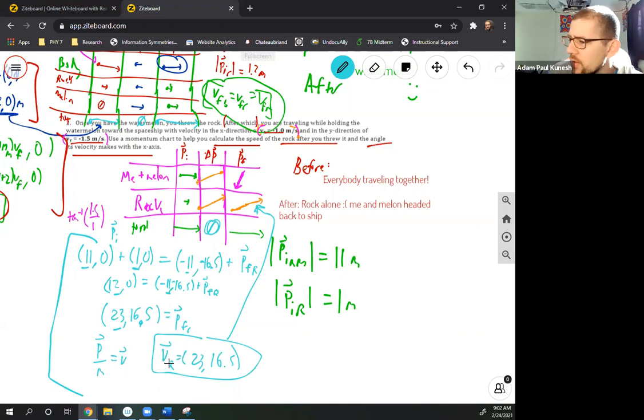Or this is the component form. So to find the magnitude and direction, I get the magnitude by squaring the elements and square rooting them. So 23 squared plus 16.5 squared. Square root of that is 28.3.